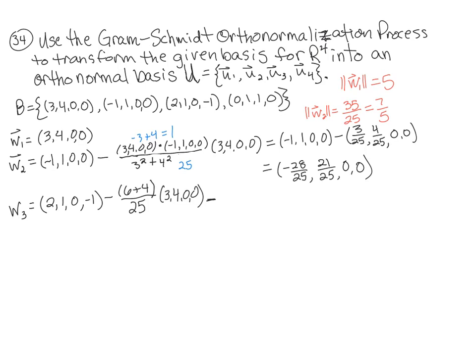Dot product: 2 times negative 28 is negative 56. 1 times 21, 0 times 0, 0, 0, 0, 0, 0. That's the dot product over the magnitude of W2 squared, which is 49 over 25.